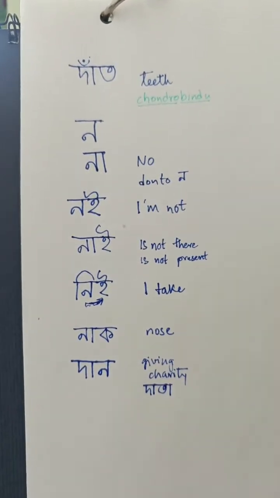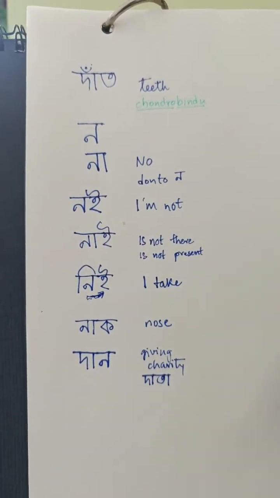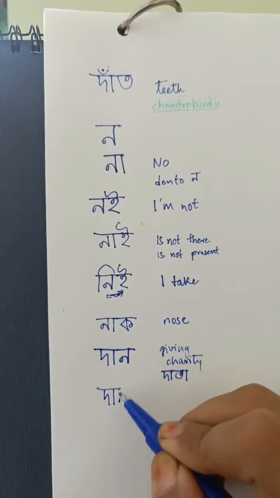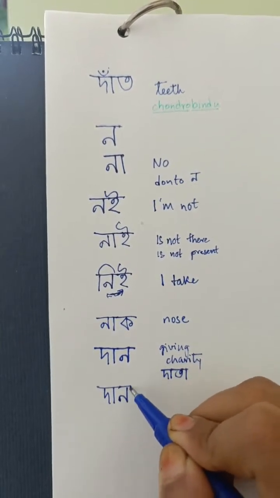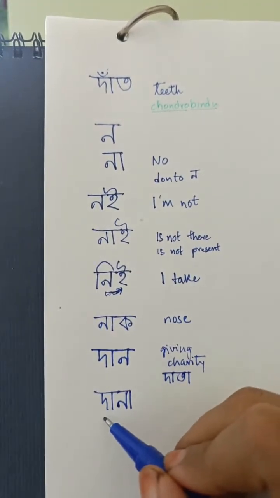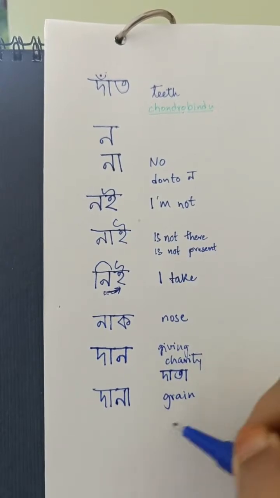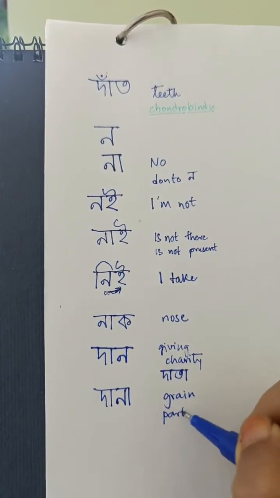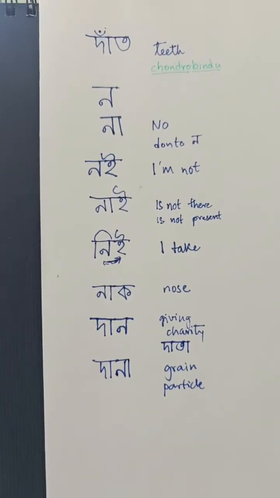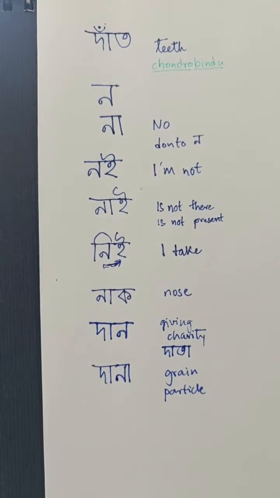I'm just giving a general meaning of this. These are very beautiful words. And if you add one akar to the na here, that becomes dana, which means grain or particle. Dana.